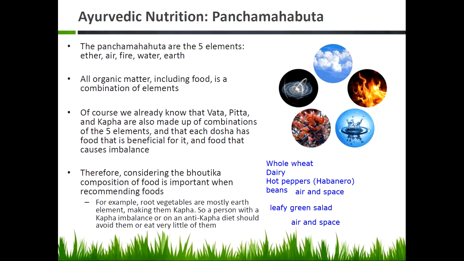Is yucca the right way to say it? Anything that grows in the earth, potatoes, yam, all of these are root earthy vegetables. For a vata person, they're awesome. Someone who wants to avoid kapha should avoid these things. So I'm just trying to give you the formulation that we use in the Pancha Mahabhuta.